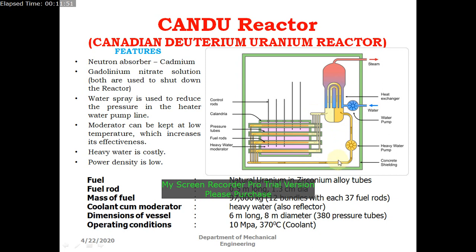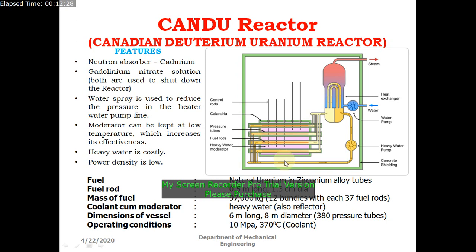Sometimes when there is a reduction in the power to be produced, more heat cannot be released back to the feed water because the quantity of steam supplied to the turbine will decrease. So proportionately, more coolant will be passing through the heavy water pump. Now in this pipeline we will spray water so that the temperature of the heavy water is reduced. By cooling this, it can be circulated back once again into the pressure tube.